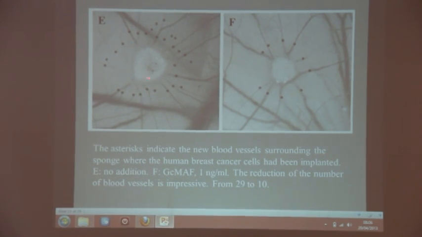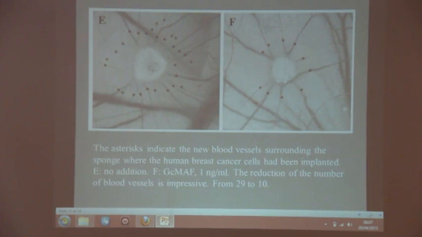But if you put Gcmaf inside the sponge together with the breast cancer cells, you see a decrease in the number of blood vessels. The asterisks indicate the new blood vessels formed, and here you see a net decrease. You may wonder whether this is an effect of Gcmaf on the cancer cells, and the answer is yes.